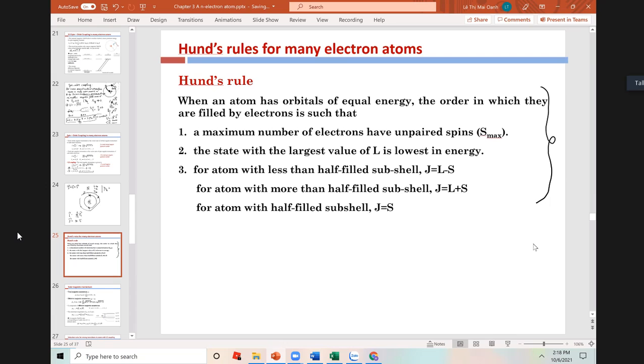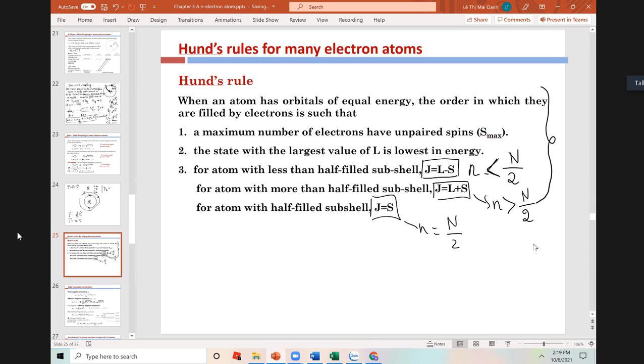And the last is the value of J. J will be L minus S if the number of electrons is smaller than half of the total electrons in the subshell. J equals L plus S if the number of electrons is larger than half of the total electrons in the subshell. And J equals S if N equals N divided by 2.